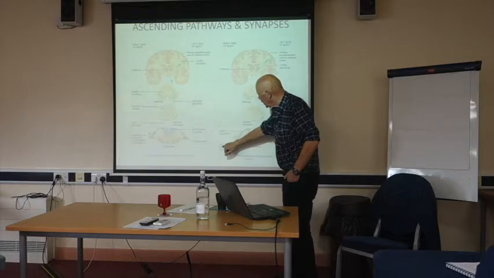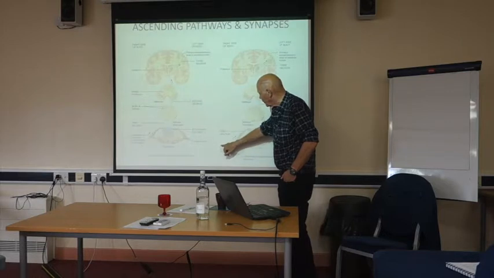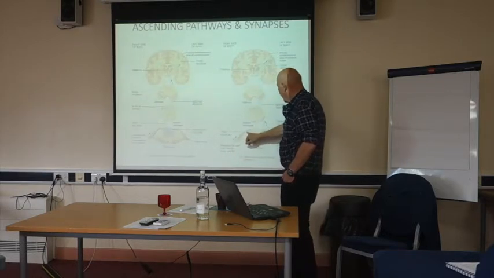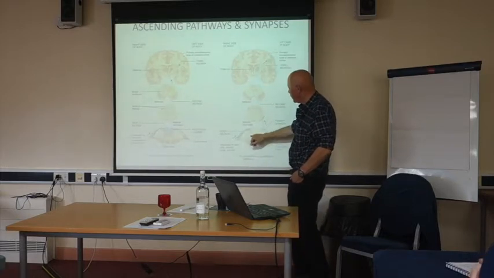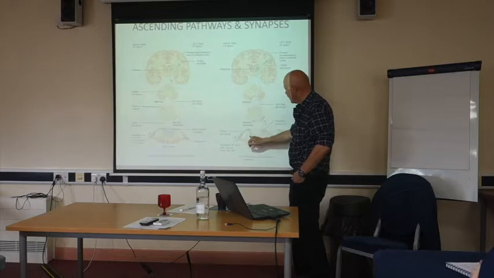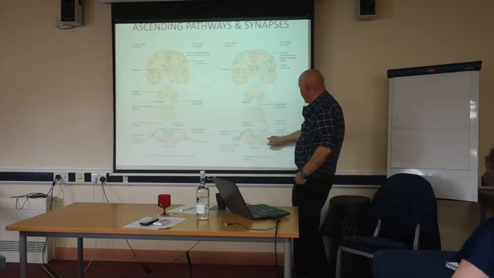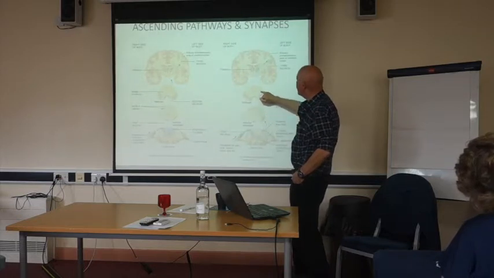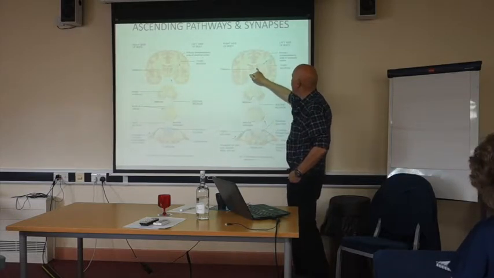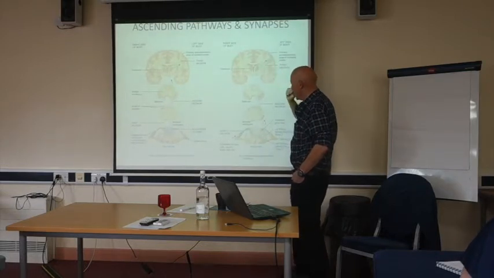So these are different size fibres from different types of receptors that are coming in. They are synapsing at the level or within a few levels of where they come in, synapsing onto second order neurons and crossing locally at the spine, and then rising in the lateral spinothalamic tract up into the thalamus, where they're then going to synapse onto third order neurons and into the cortex there.